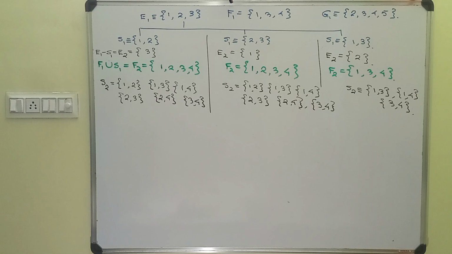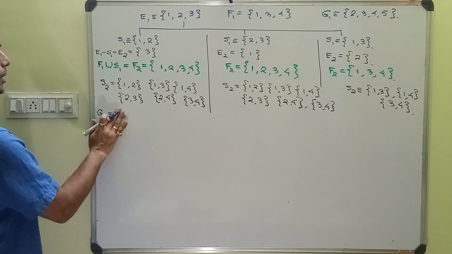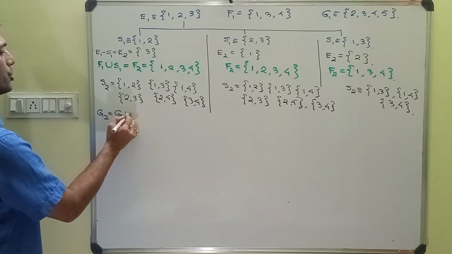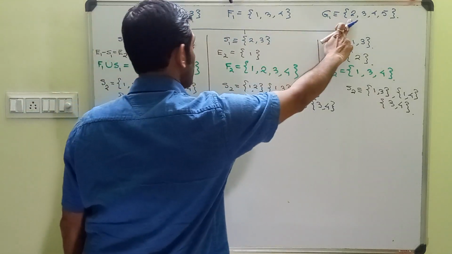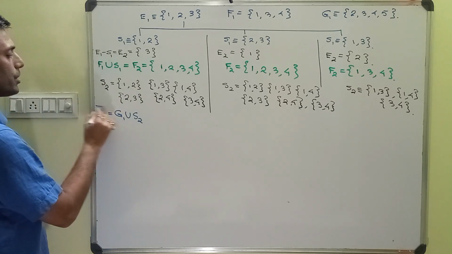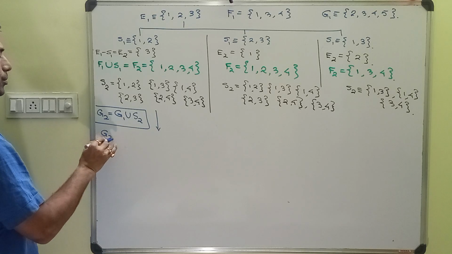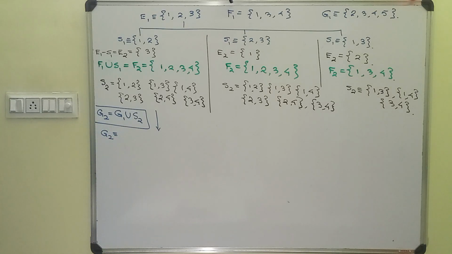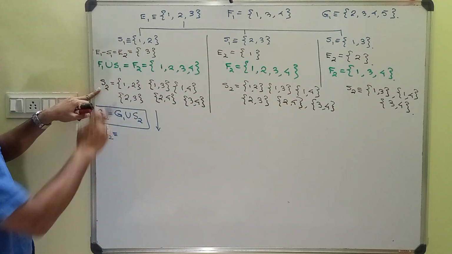Let G2 be equal to G1 union S2. This is your G1 and this is your S2. Now in this case, this G1 union S2 can form how many cases of G2? G1 has 2, 3, 4, 5, and here S2 has 1, 2.